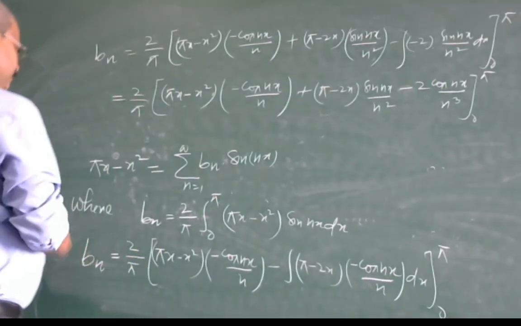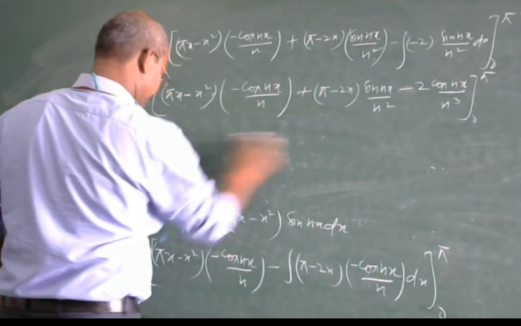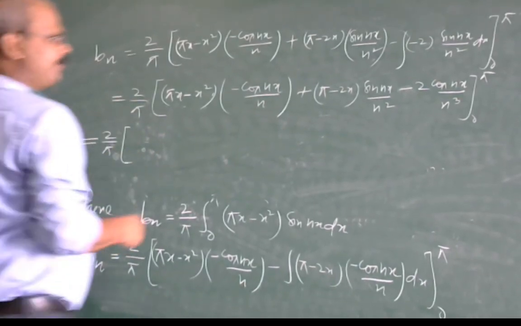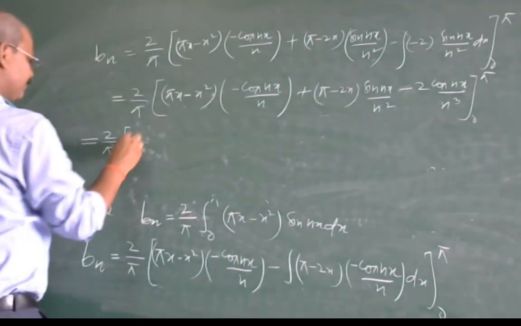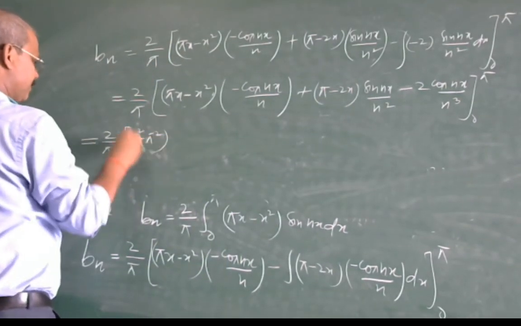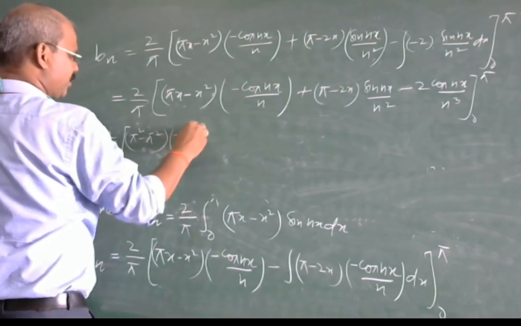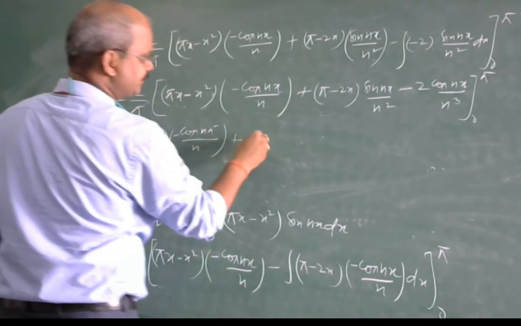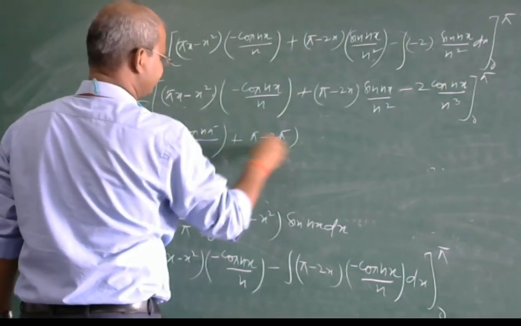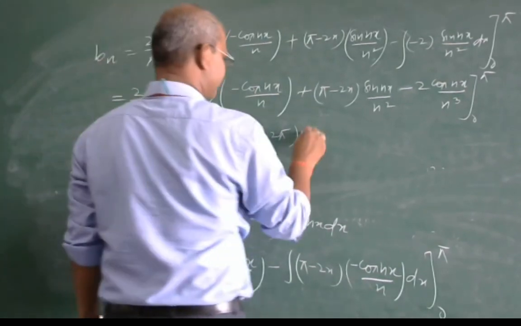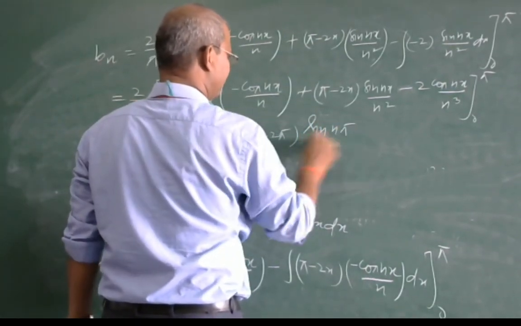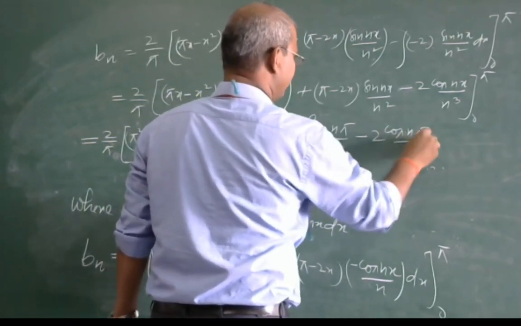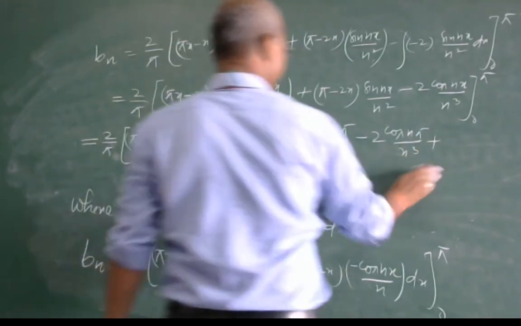Okay students, now from here, by putting the limit pi, this becomes pi square minus pi square becomes 0, minus cos n pi upon n, plus pi minus 2 pi, sin n pi upon n square, and minus 2 cos n pi upon n cube.